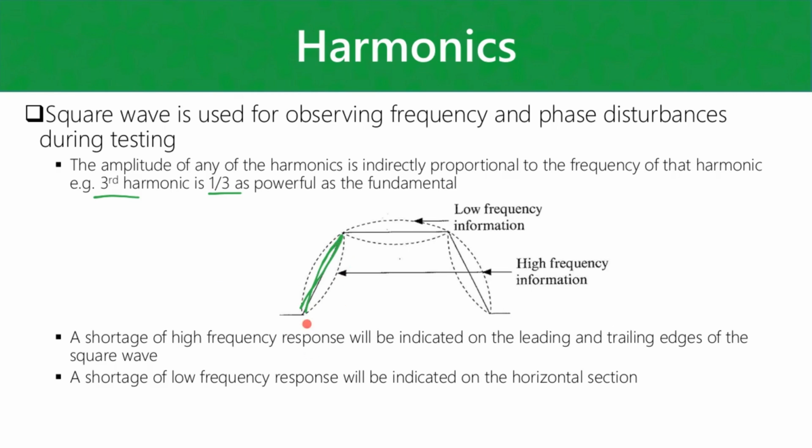So if you get any deformation there, that's going to give you some indication on the high frequency response of your system. So that will usually show a shortage of high frequency response. And usually the slope would get more pronounced with a shortage of high frequency response.